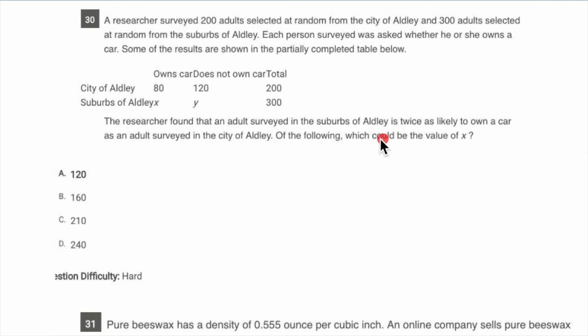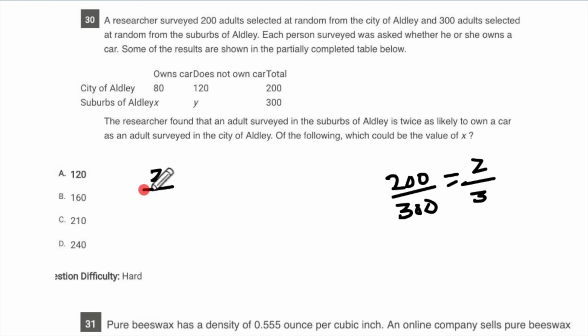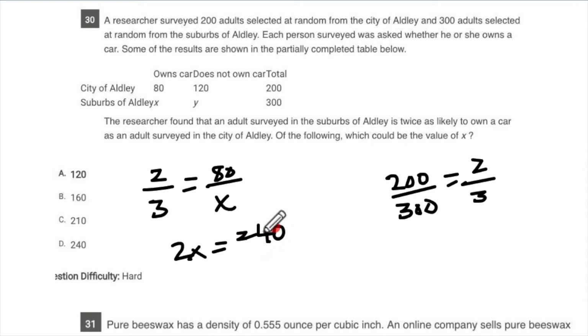So this is what I did. I figured out the ratio between the city people and the suburb people. So the ratio would be 200 to 300 or 2 to 3. Then I found the missing parts. So 2 over 3 is equal to 80 over x. And I cross-multiplied and found that 2x equals 240 and x equals 120.